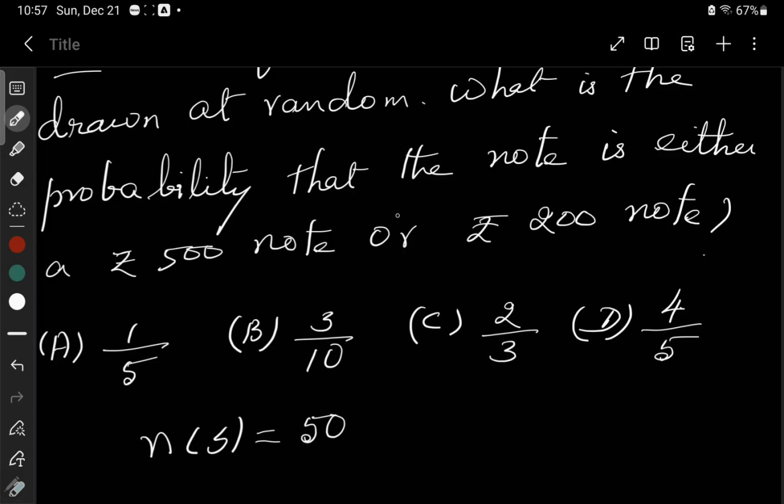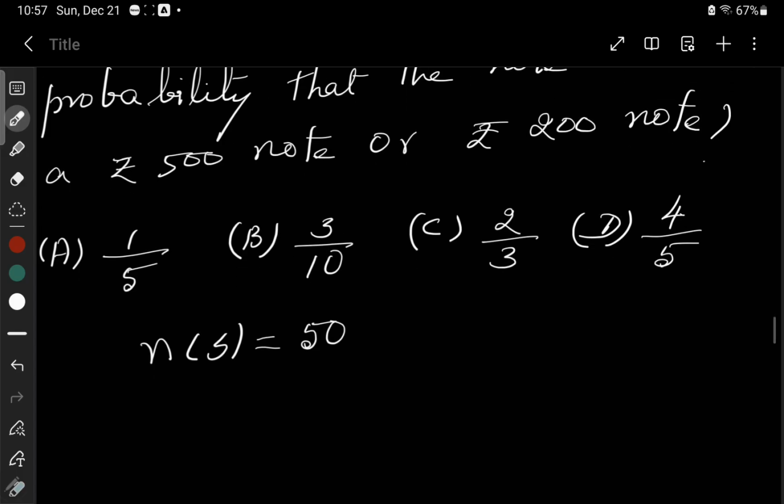What is the probability that the note is either 500 or 200?